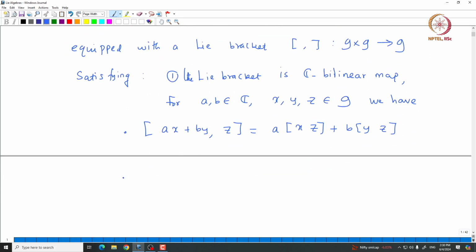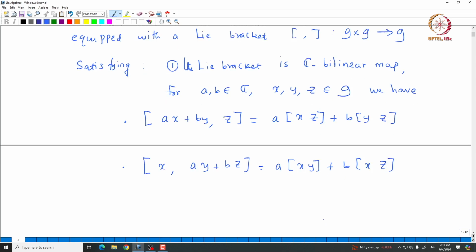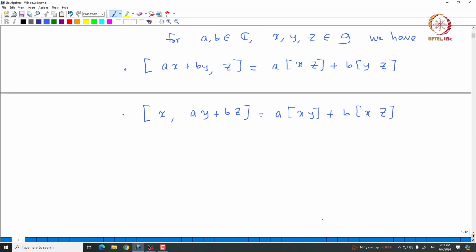Similarly, we also have linearity in the second variable. If you take the bracket of x and ay plus bz, then we get a times the bracket xy plus b times the bracket xz, and this should be true for all scalars a, b and x, y, z in G. So this bracket must be a C bilinear map, and it also satisfies two more conditions.